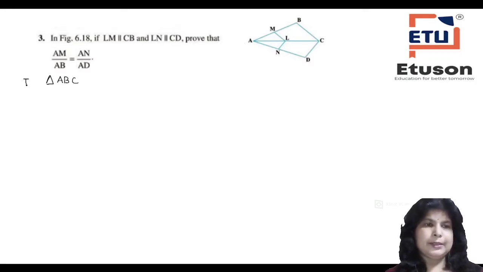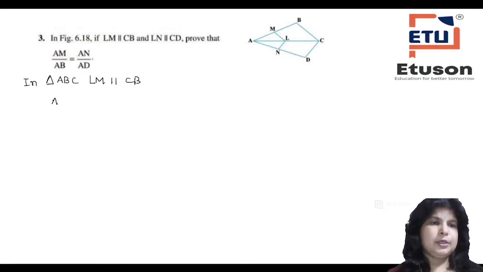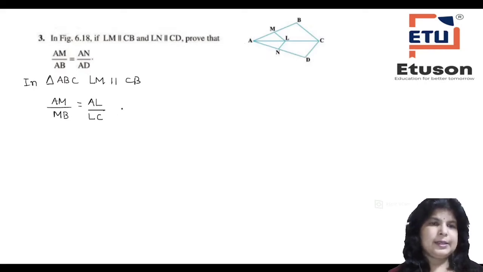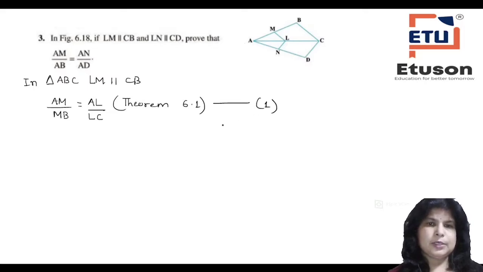In triangle ABC, LM is parallel to CB, right? If LM is parallel to CB, you will get AM by MB is equal to AL by LC, correct? So this is according to theorem 6.1.